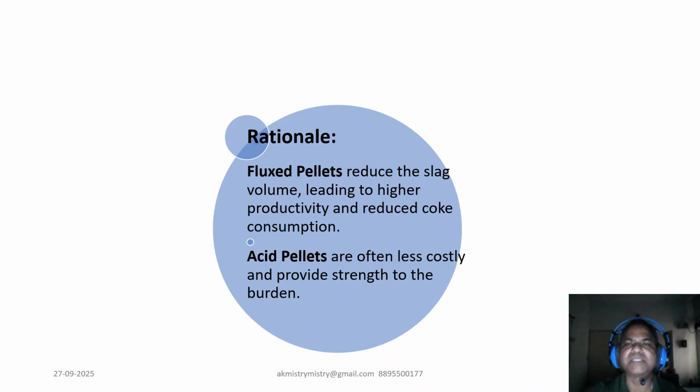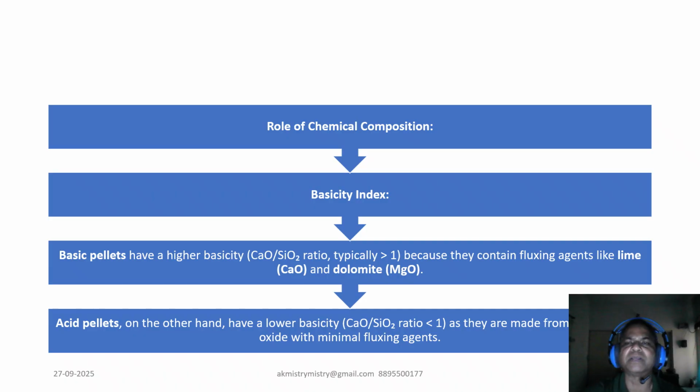In contrast, basic pellets have a higher basicity with a CaO/SiO2 ratio typically greater than 1. Because they contain fluxing agents like lime and dolo, the impact of basicity on reducibility is significant. Basic pellets form low melting point compounds such as calcium ferrite during induration, and this enhances their reducibility. So we have benefits by incorporating this basic component.